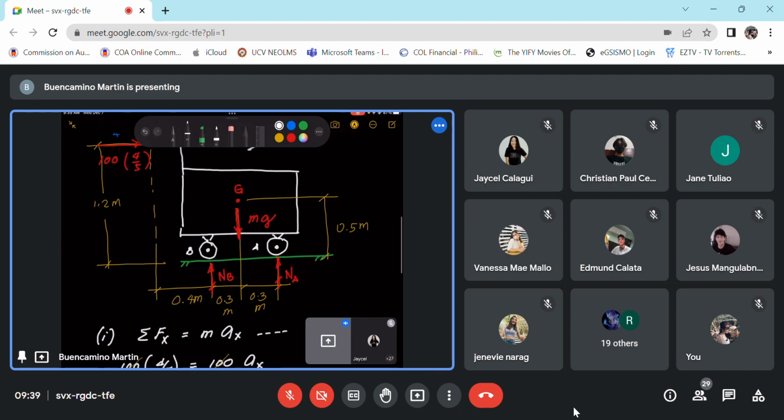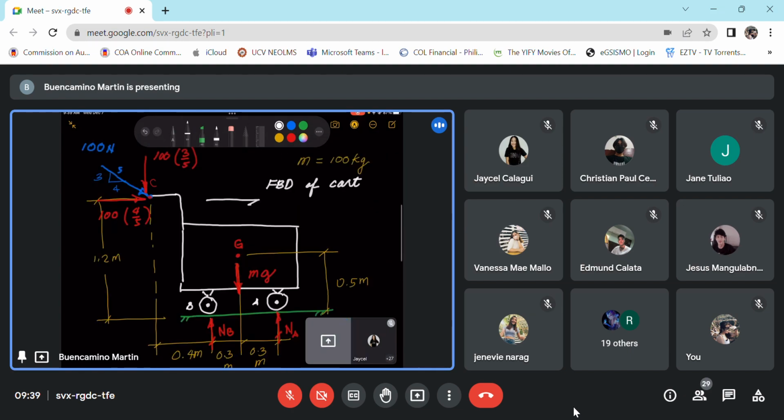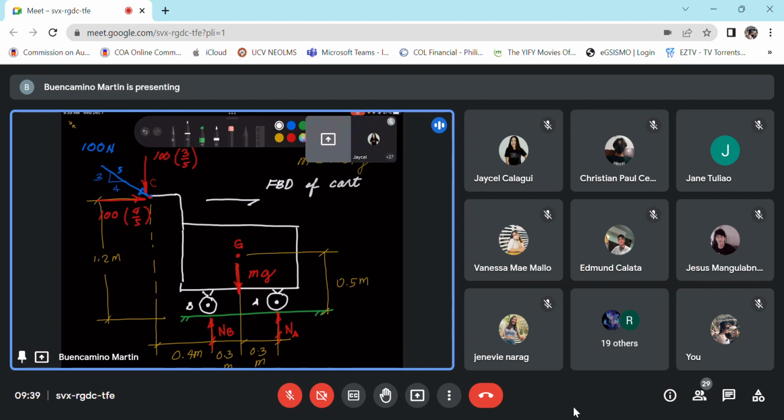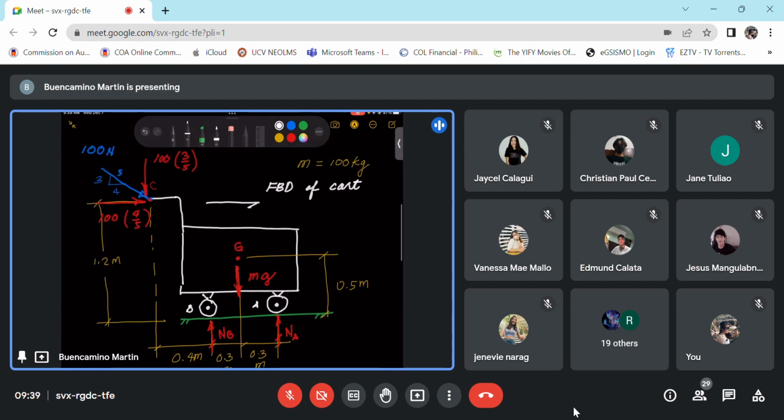And then normal reaction NB would have a negative moment. So that would be negative NB. And ang moment arm niya with respect to G is 0.3 meters. And then, of course, we have also 100 times 4 all over 5.